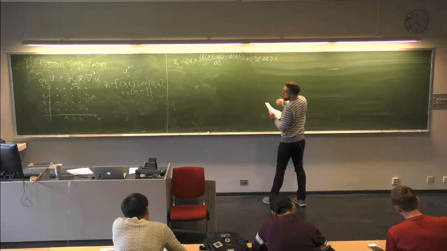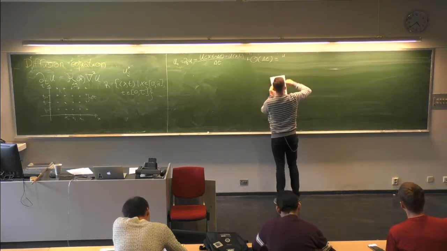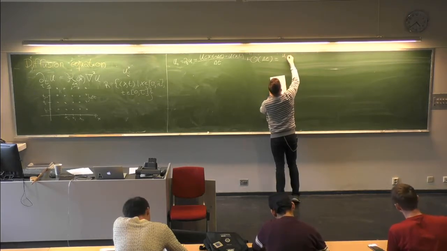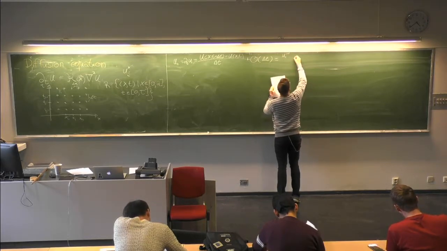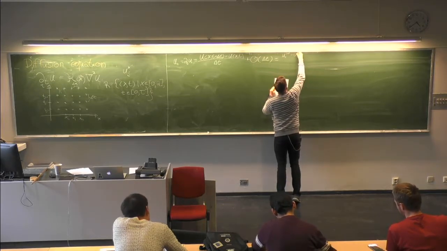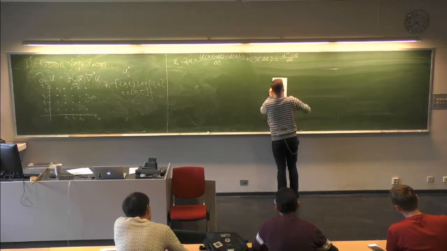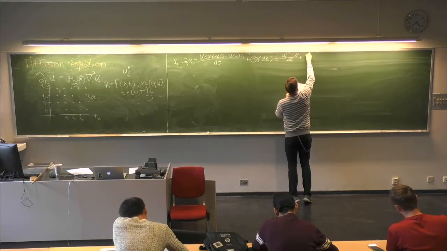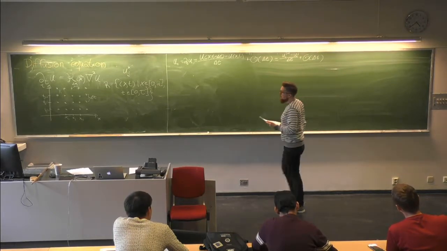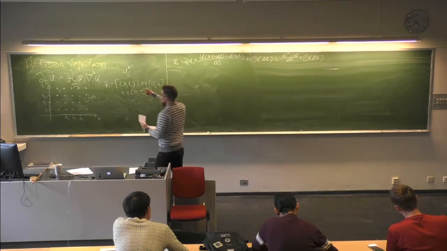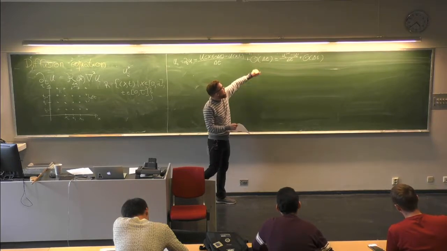On grid points, it's u i, j plus 1 minus u i, j over delta t. So we'll look at different ways of discretizing this equation, trying to minimize error.